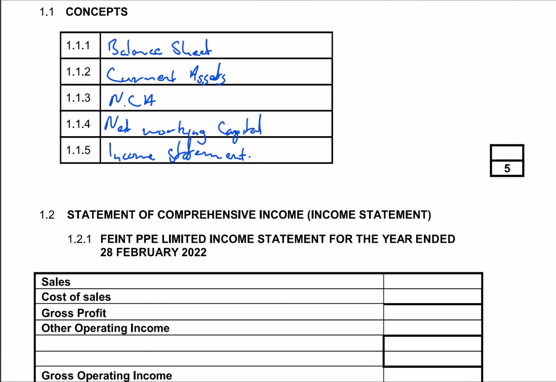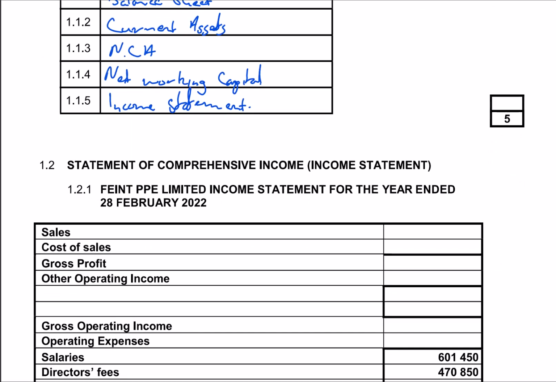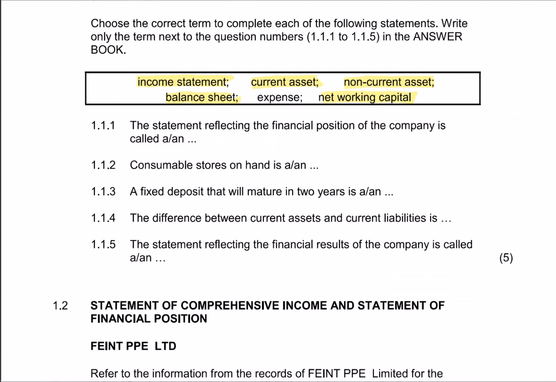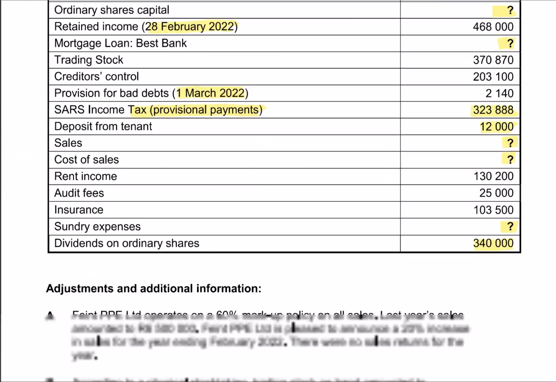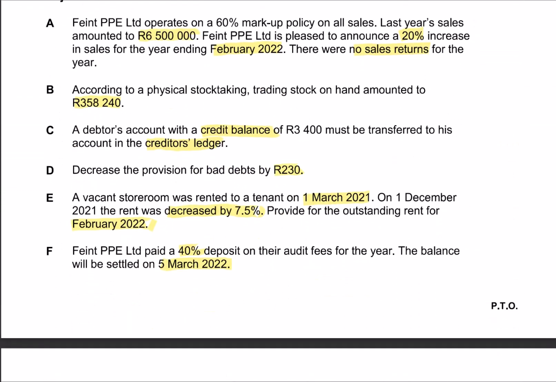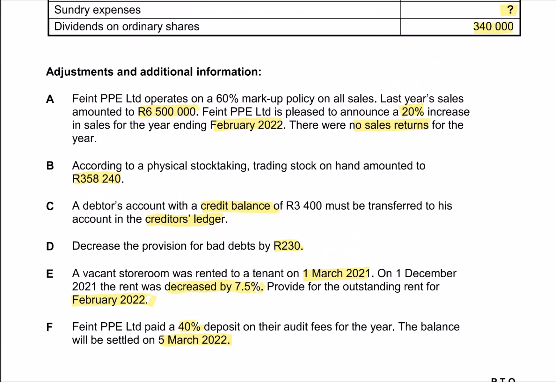Right, let's look at the sales. Sales here we're told on the adjustment 6,500,000 for the current year ending 28 February 2022.